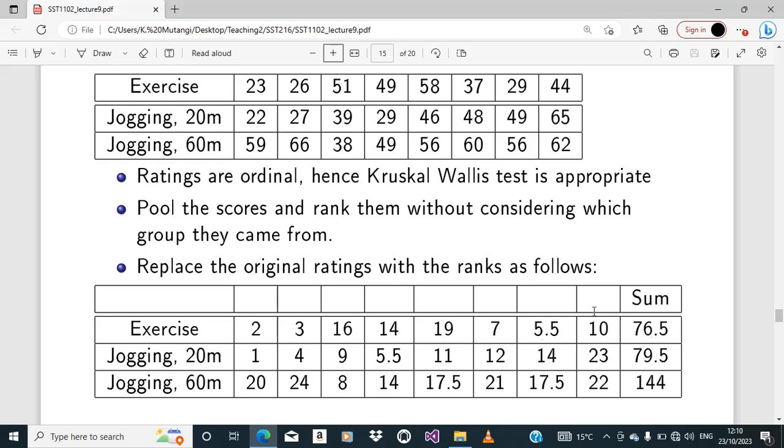You then sum to get R1, which is 76.5. You do the same and sum to get 79.5, and 144 for the third class. So the idea is pull everything together, arrange them in ascending order, then assign ranks to observations.